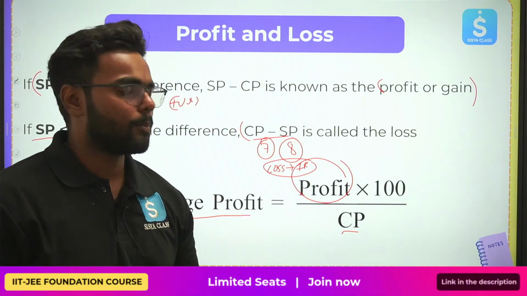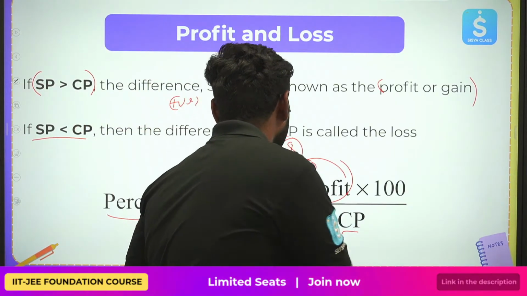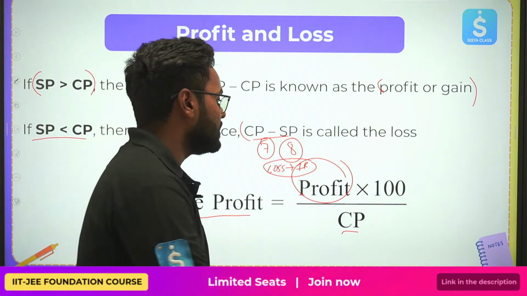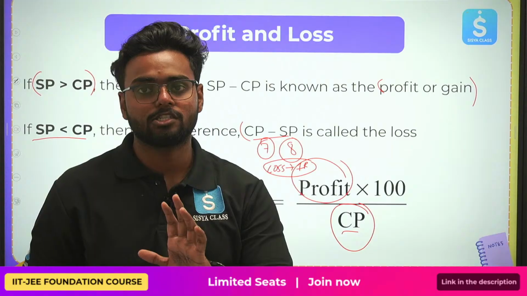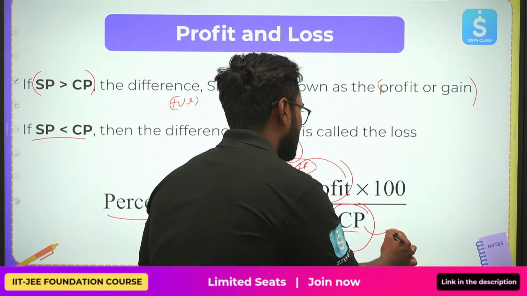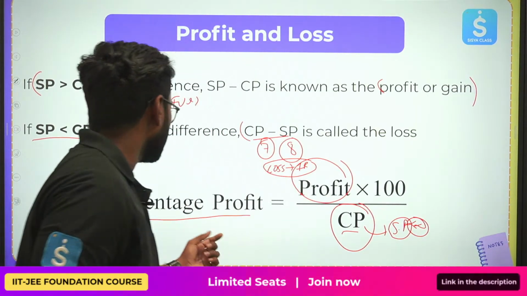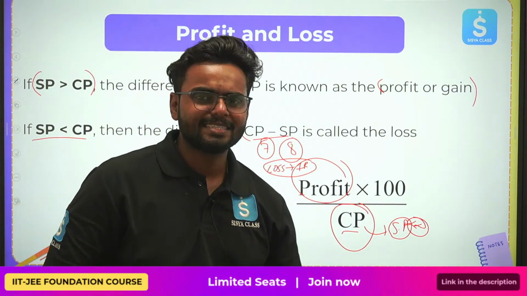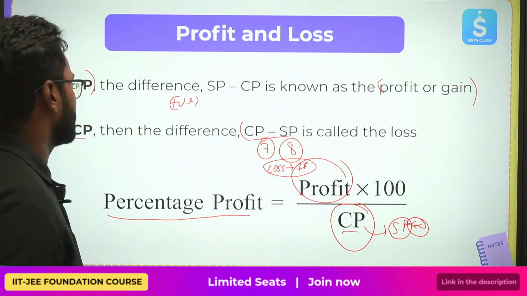In any case, either calculating percentage of profit or percentage of loss, we will always consider cost price only, unless it is mentioned to consider selling price, which would mostly never be asked. So you understood, right? Profit percentage is the percentage you gained or lost while selling an object.